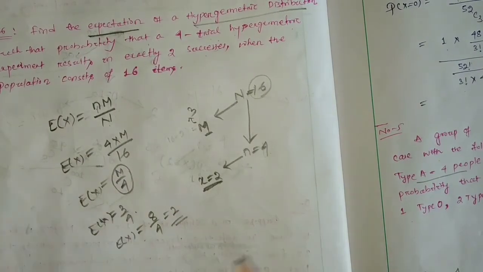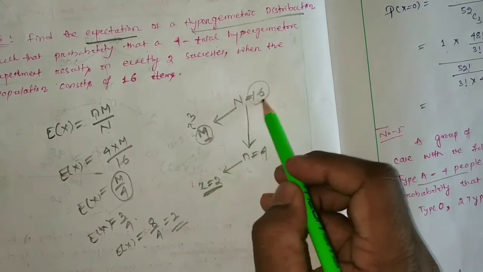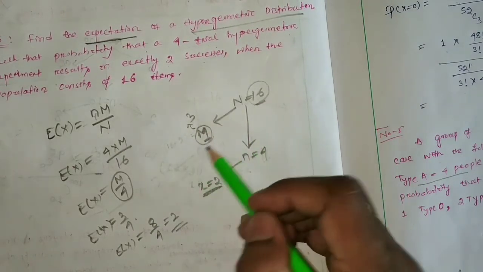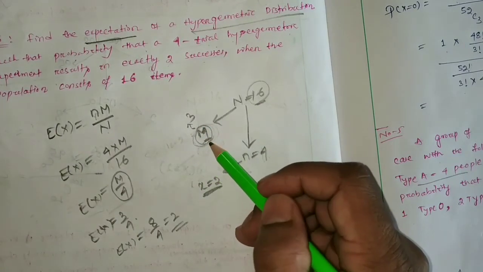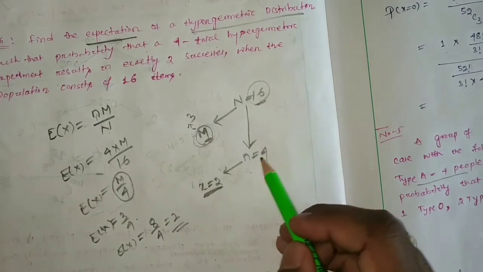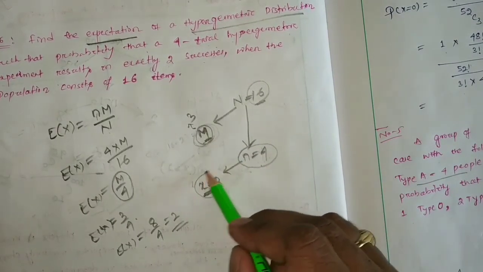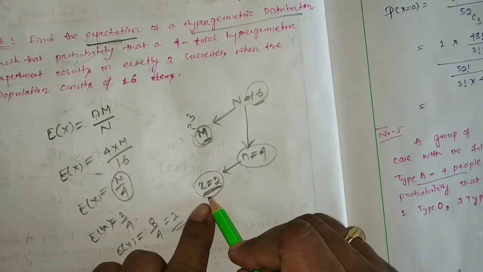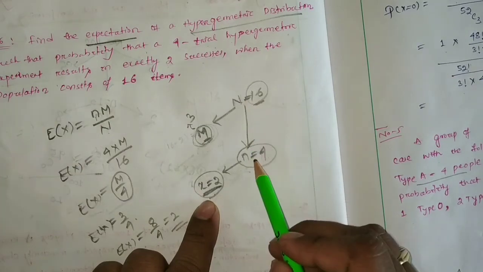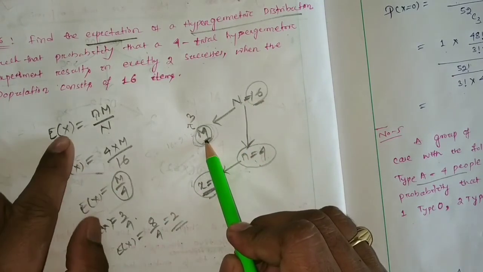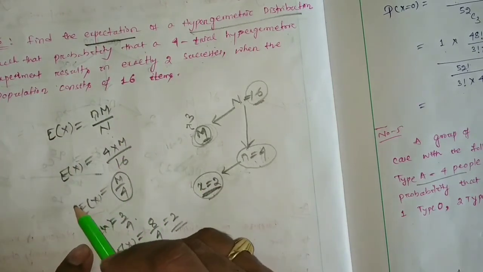As the total number of successes in the population is not given, we consider M as the total number of successes, among which in the 4 trials exactly 2 successes were found. The expectation is small n capital M by capital N, so for this question the expectation value will be this much.